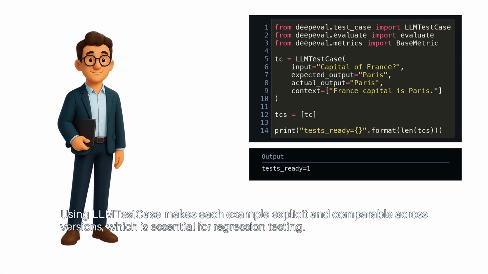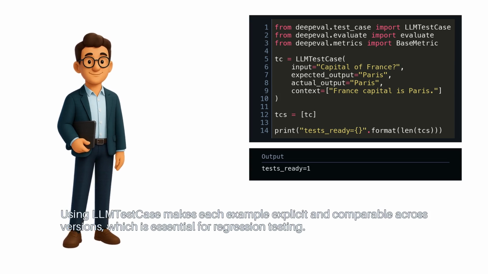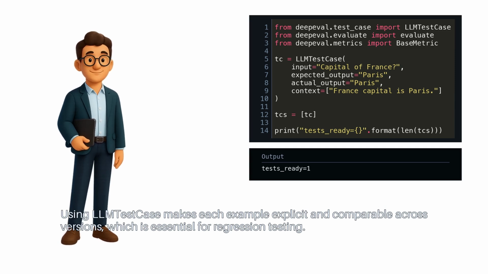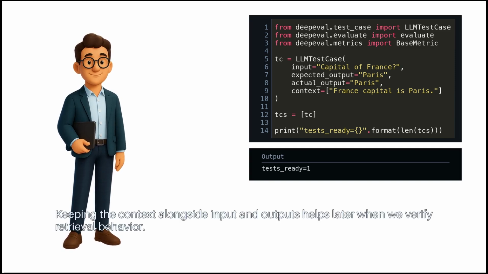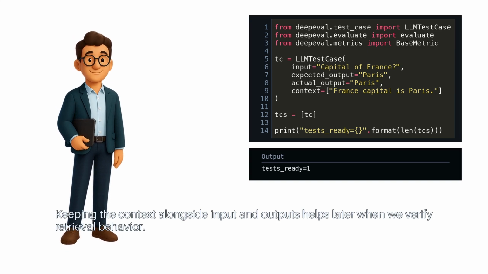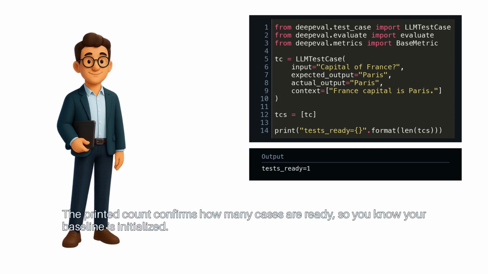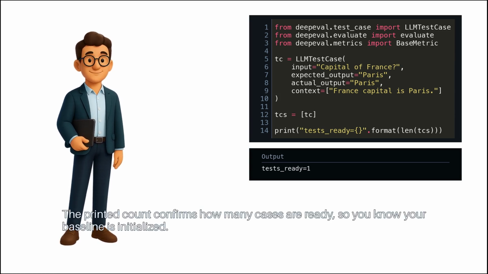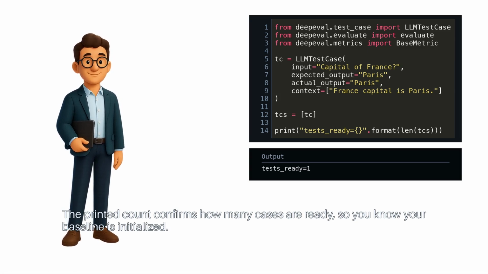Using LLMTestCase makes each example explicit and comparable across versions, which is essential for regression testing. Keeping the context alongside input and outputs helps later when we verify retrieval behavior. The printed count confirms how many cases are ready, so you know your baseline is initialized.